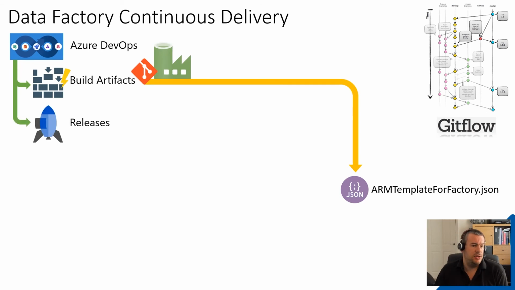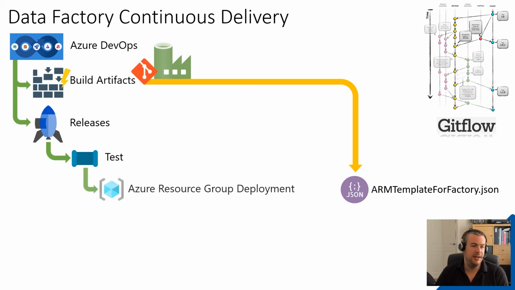Then in Azure DevOps, we create our releases, which for some reason has the icon of a rocket. It's fine, we can launch the data factory. And I would create a release pipeline, not to be confused, of course, with a data factory pipeline. This is a deployment thing now. And then what we could do is use the Azure Resource Group deployment task.